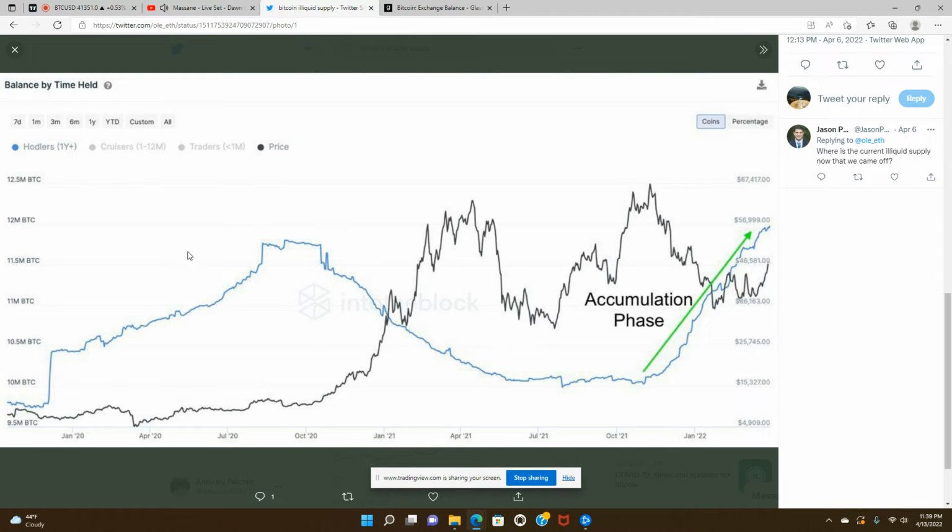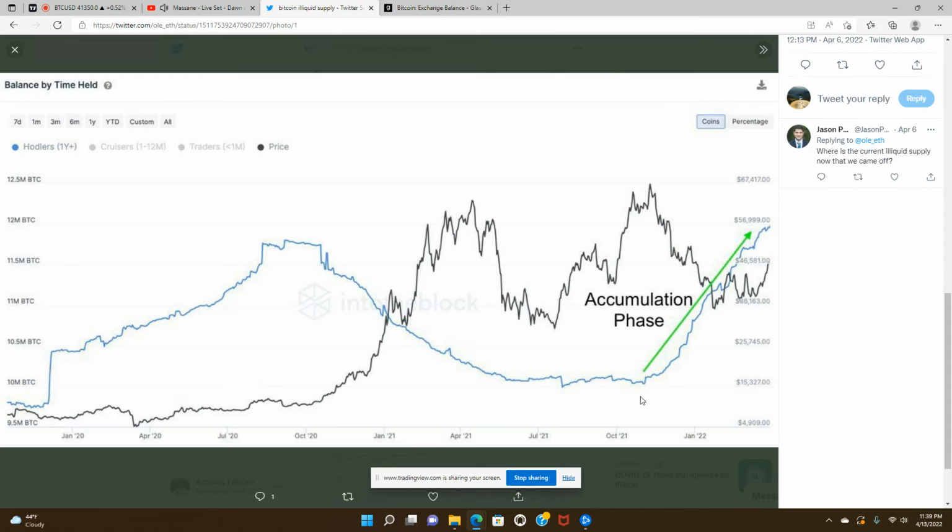Basically, that means it tracks wallets that haven't moved Bitcoin out of the wallet for over a year, right? So maybe they're steadily accumulating and receiving deposits, but they haven't sent any Bitcoin from the wallet to an exchange or anything like that in a period of a year.